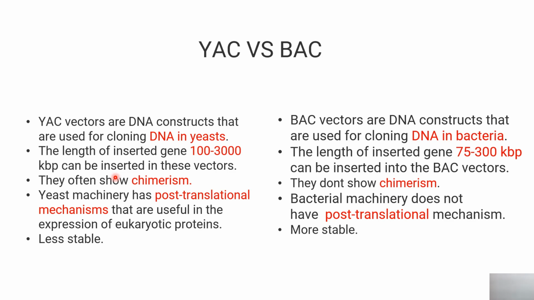If you compare these two, YAC vectors are DNA constructs that are used for cloning DNA in yeast. BAC vectors are DNA constructs that are used for cloning DNA in bacteria. Now the length of inserted gene is almost 100 to 3000 kb that can be inserted in YAC vectors, whereas for BAC it's much less, 75 to 300 kilobase pairs.